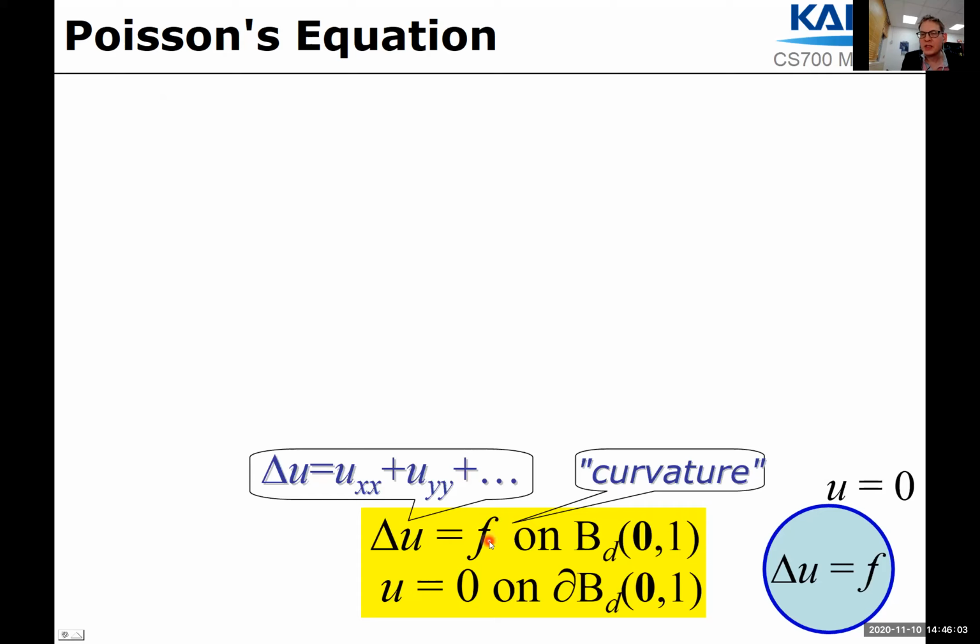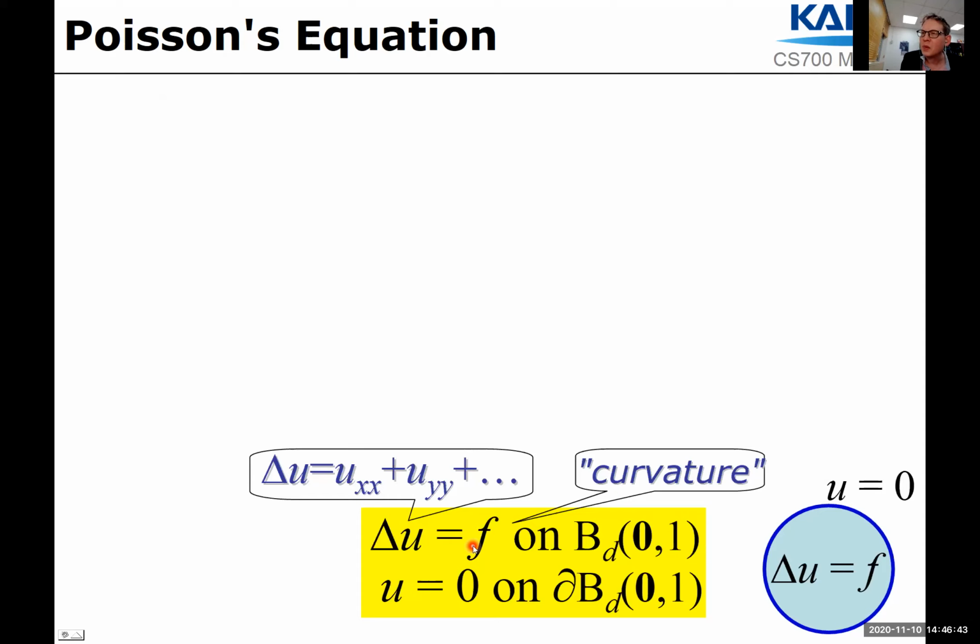So we can imagine the geometric meaning of this partial differential equation: that f prescribes a certain curvature, right? And prescribing a curvature in one dimension basically means that taking the first integral, we have prescribed the slope, and integrating a second time, taking the antiderivative a second time, we have recovered the original function, the solution. And here in higher dimension, of course, the situation is a little bit more complicated.